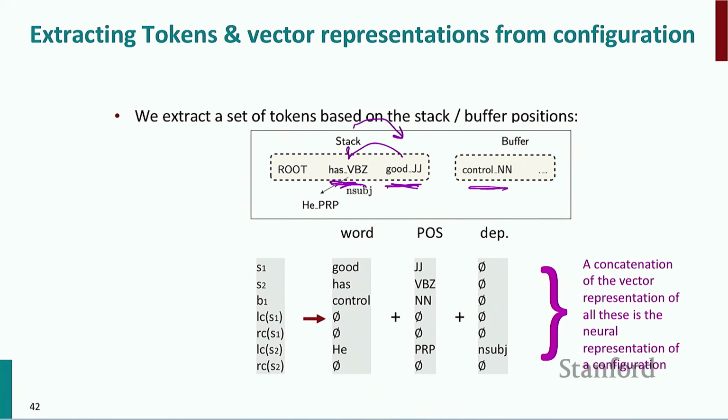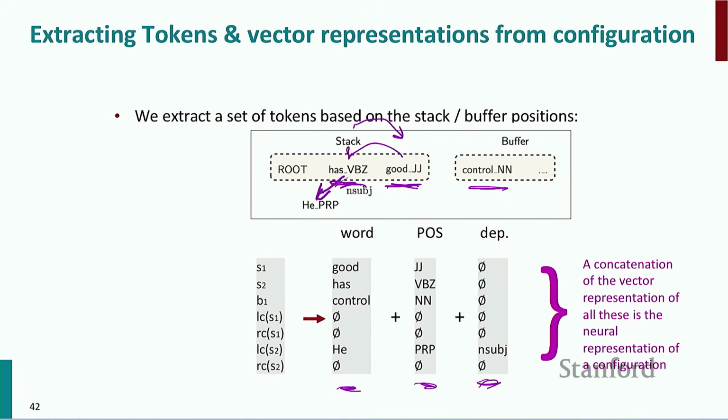For those, you're going to be taking the distributed representations of the word and their parts of speech, and also, with a bit more complexity, for dependencies you've already constructed, if maybe something on the stack is already involved in a dependency. Each of those, we're going to take their distributed representations and just concatenate them together to produce a big vector, in the same way we were concatenating together the 5 words in the last class for predicting whether something was a location or not.